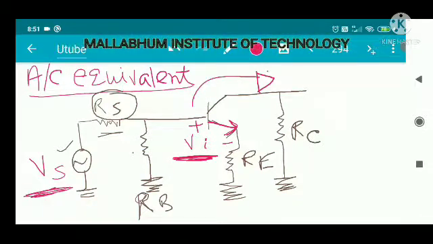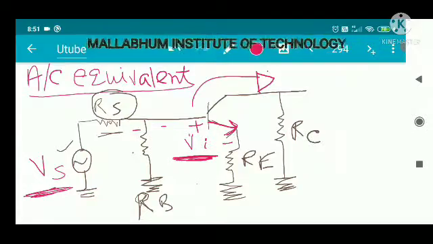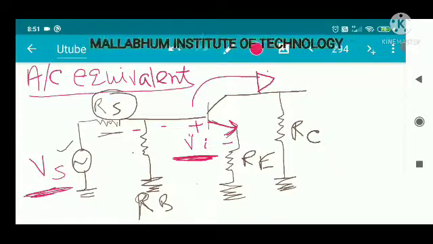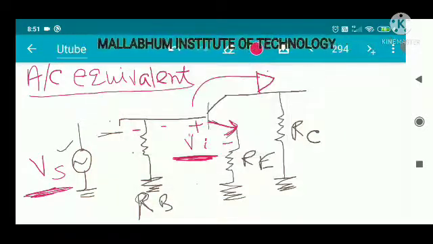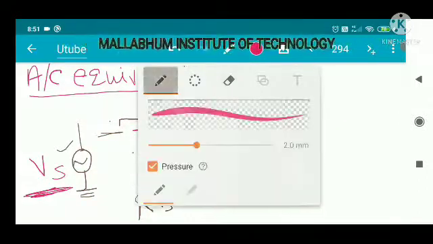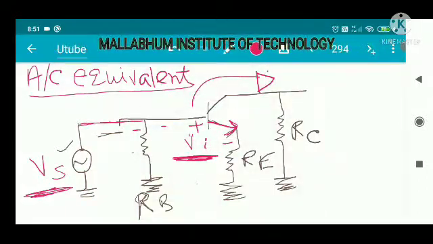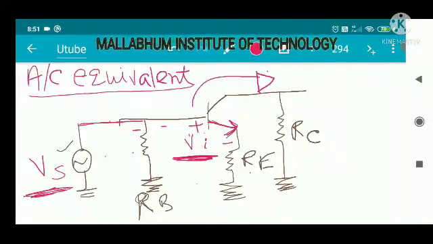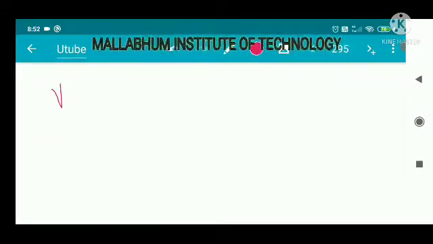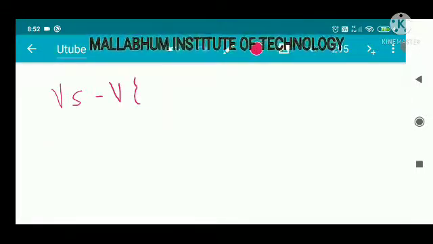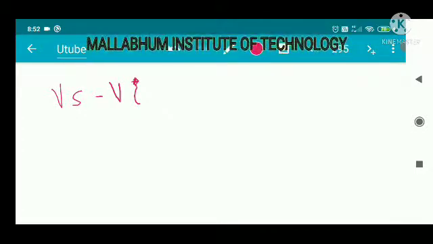Now what happens if you make a KVL loop here, then you can see Vs is equal to, just ignoring this resistance in this case. So Vs minus Vi minus Vf.